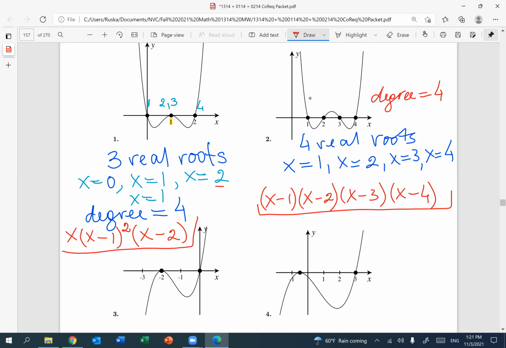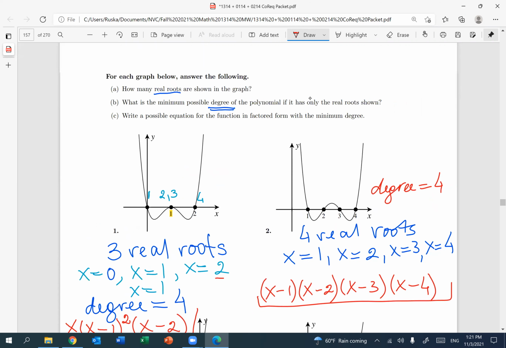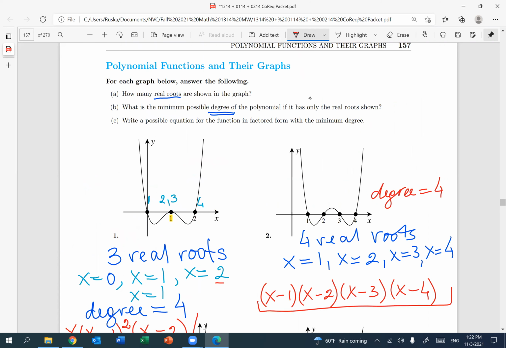These are different things they're asking. They're asking: find the real roots, how many x-intercepts, write the degree. You have to write the degree. And they're also asking for the factor form. Writing x equals all this helped me to get the factor form. Got it? Okay.